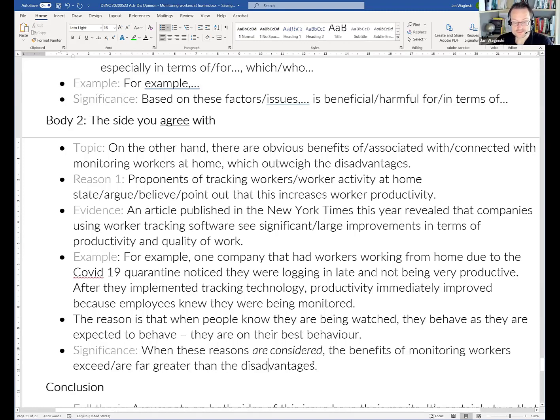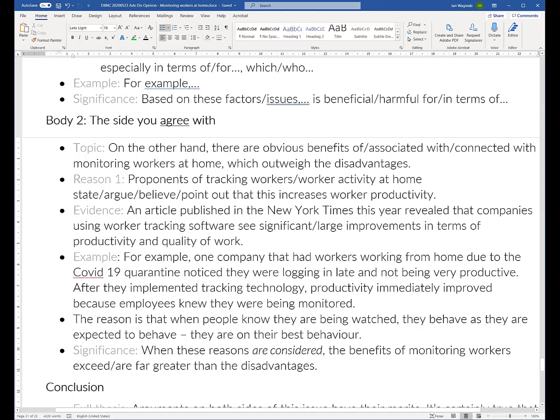But in this type of essay, you have to give the advantages, the disadvantages, and your opinion. This reinforces what your opinion is. "Are far greater than" is an argument. "Exceed" is an argument. So that's why this language is quite specific. And because it's comparative, this one, no?